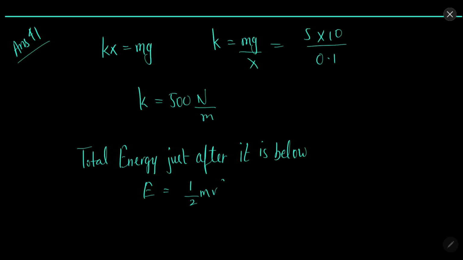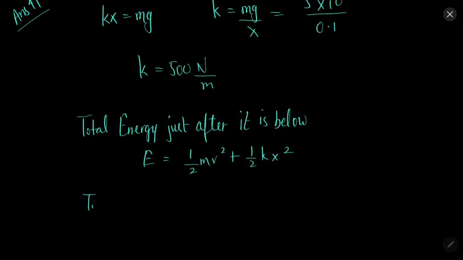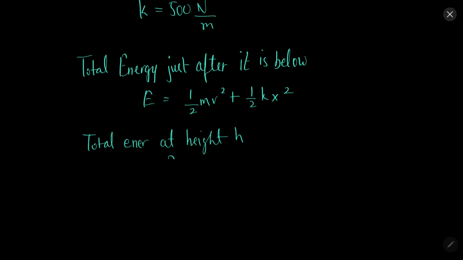half mv square plus half kx square, and total energy at height h will be half k into h minus x whole square plus mgh.